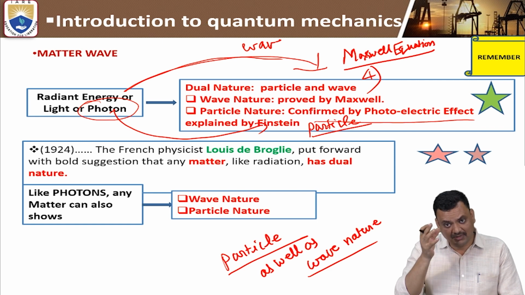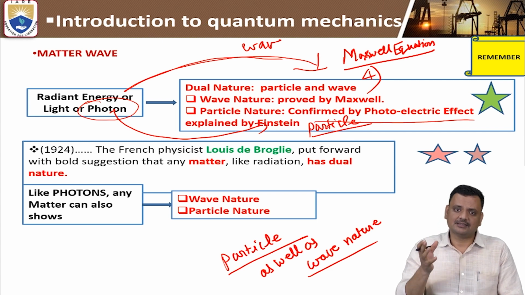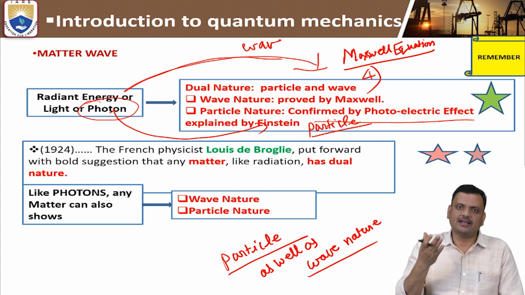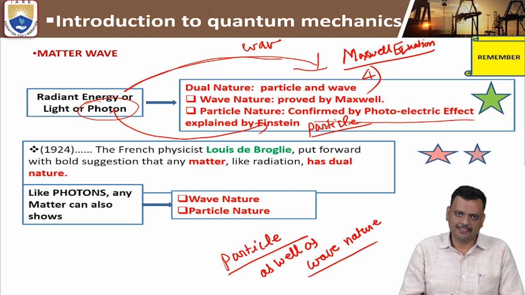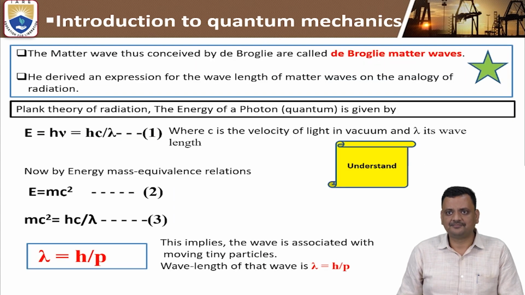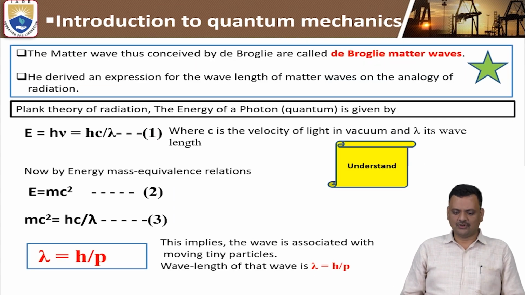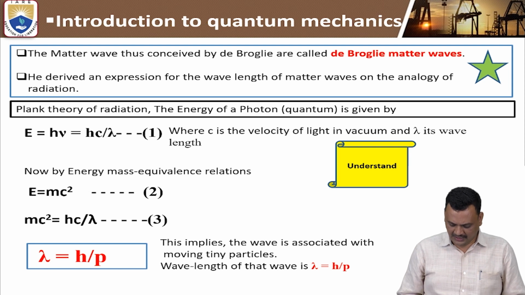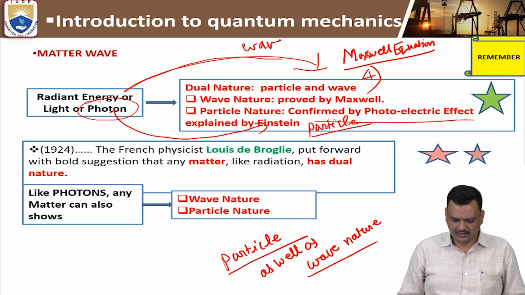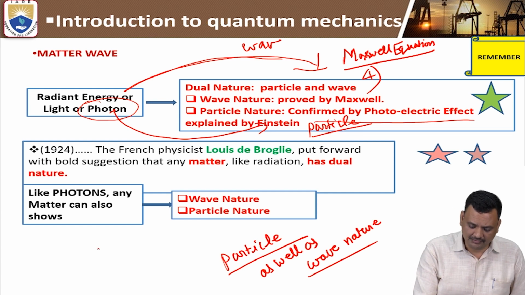So on the basis of that concept, Louis de Broglie extended that idea, and he told that like light, any matter can behave like a wave as well as a particle. So he came with the concept of matter wave.